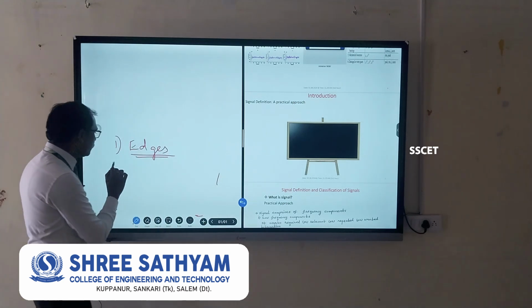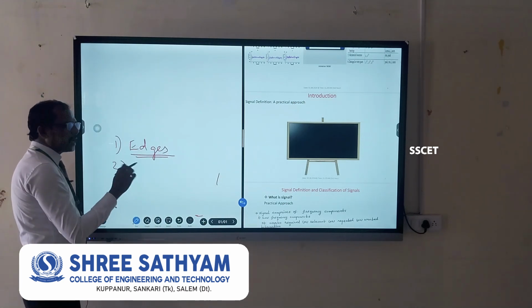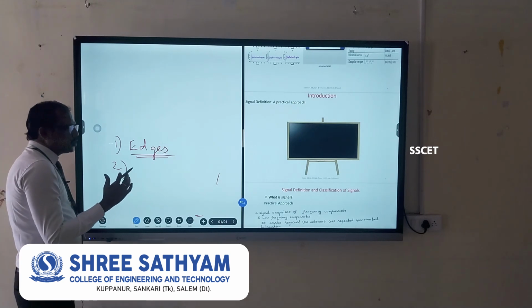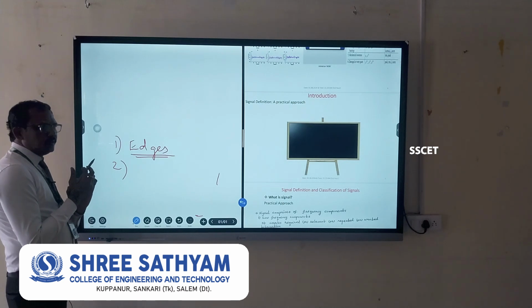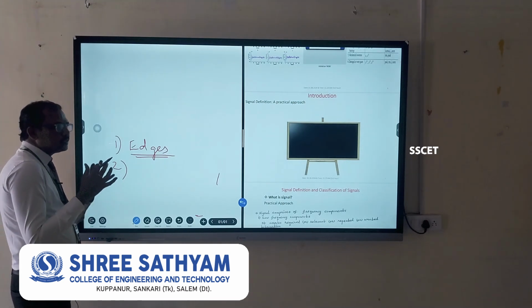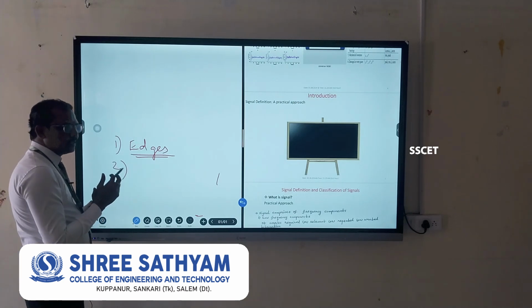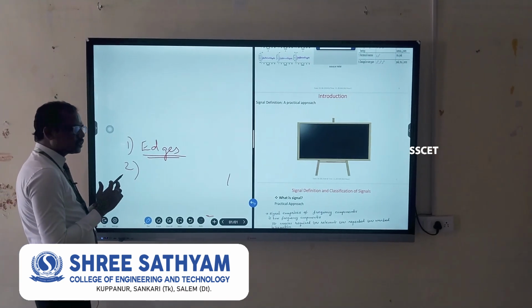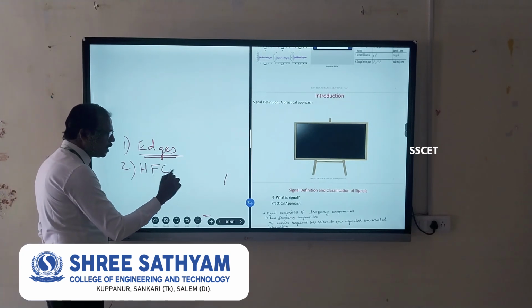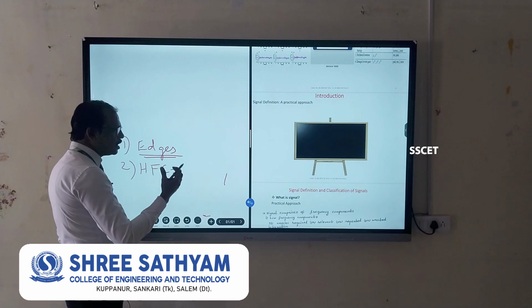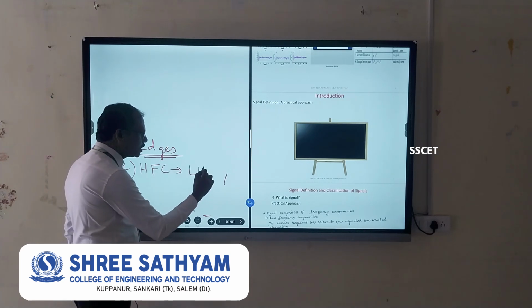The next one is another type of high frequency component which lies along with the low frequency component. This group of frequency components gives disturbances to the low frequency component. Such frequency component is also called high frequency component. This high frequency component is present along with our low frequency component.